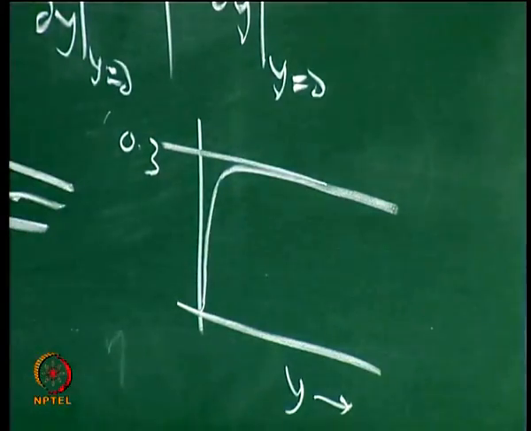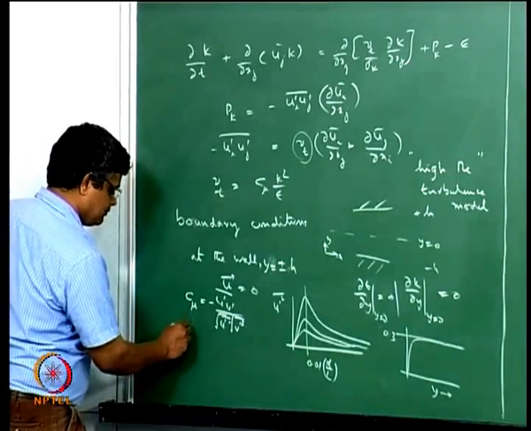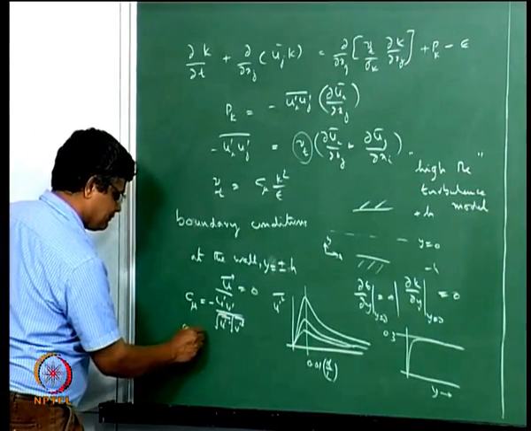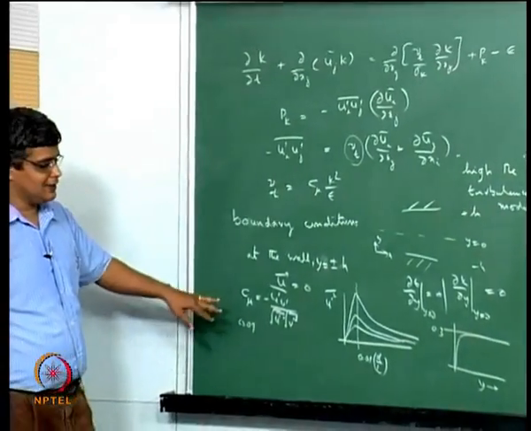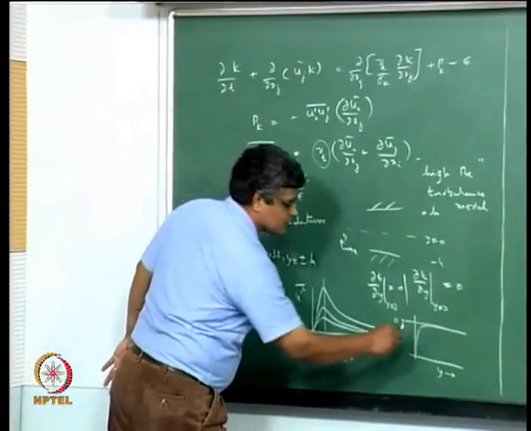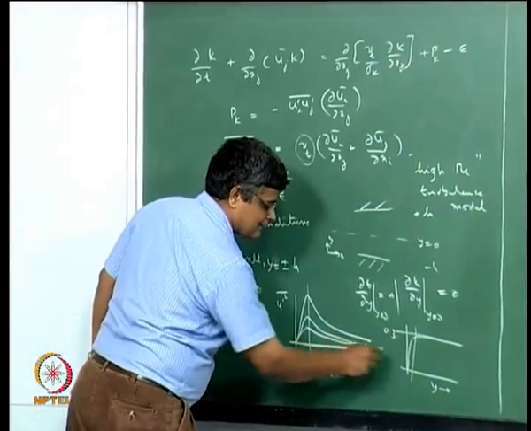Based on this we have put a C mu value of 0.09. We have made this a constant, and it is not a function of distance from the wall, but very close to the wall this changes drastically, again like here.